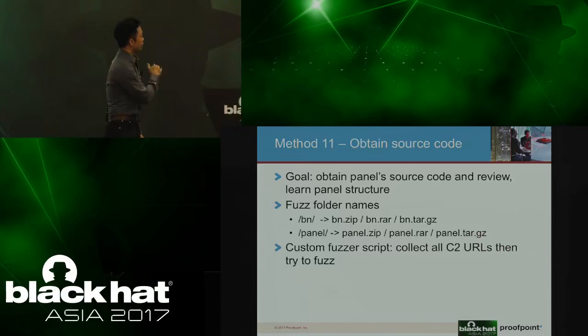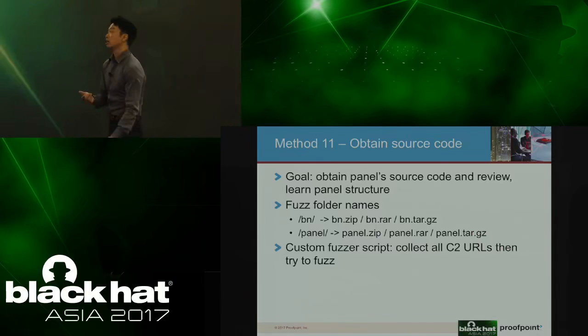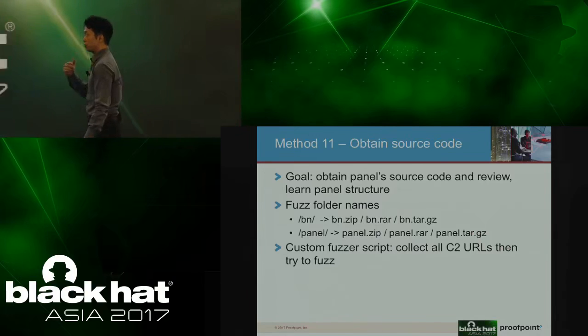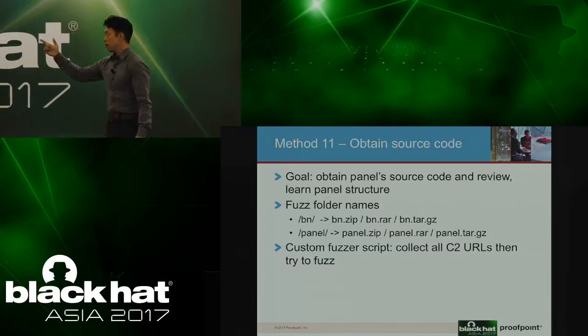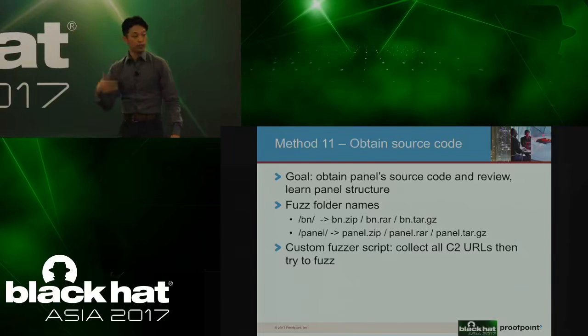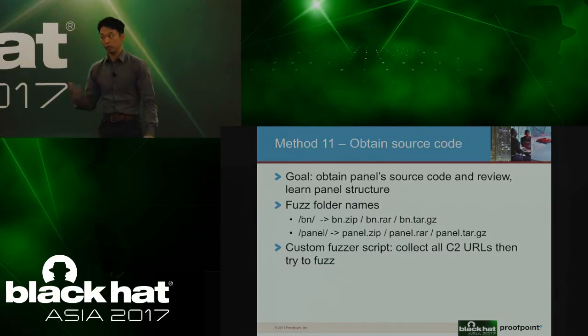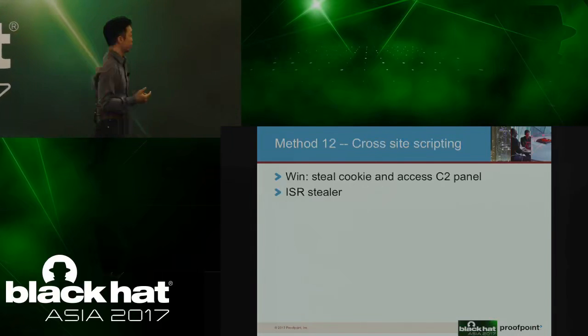And also, we have some fuzzer scripts that we wrote that try to fuzz folder names or URLs, just trying to download stuff. And when you're able to download stuff, a lot of times you will hit upon source code.